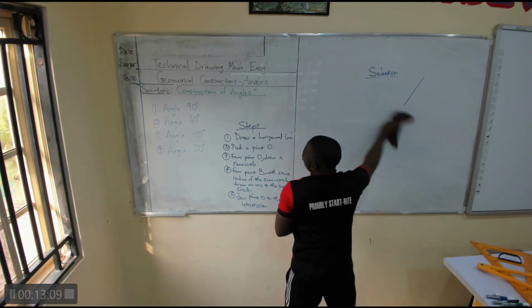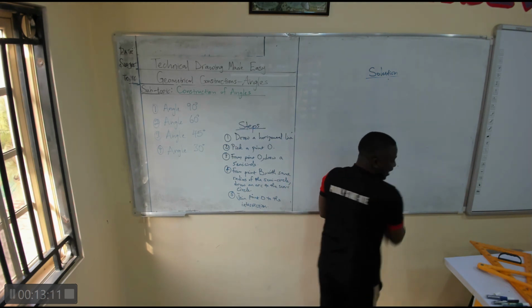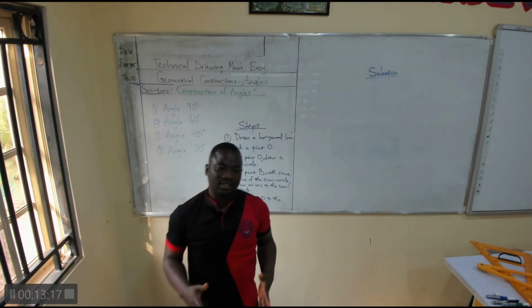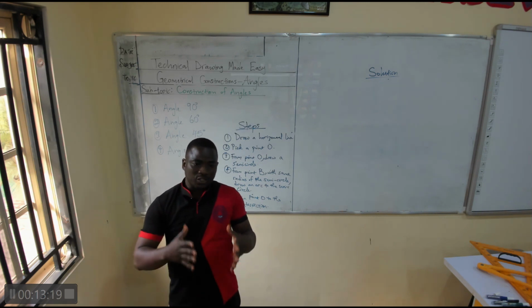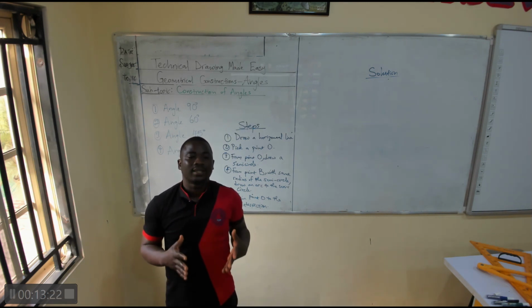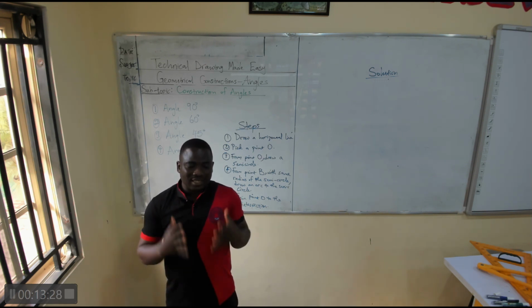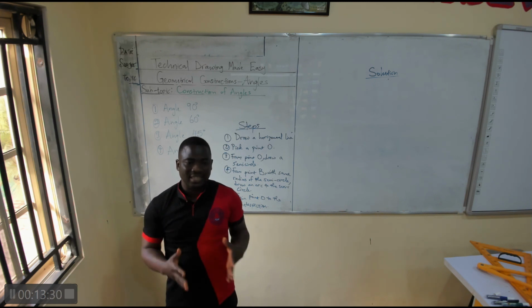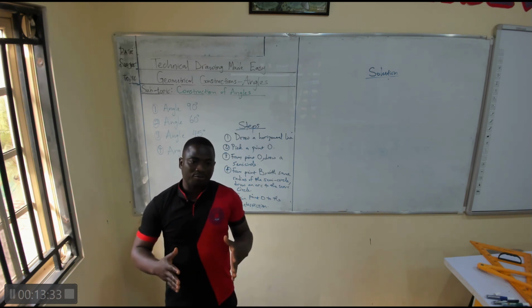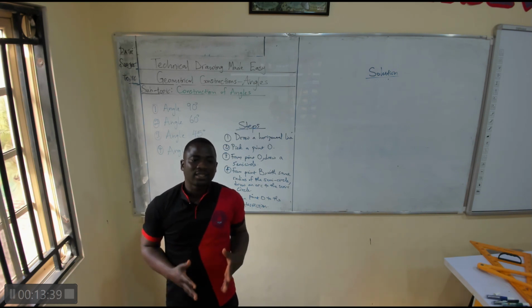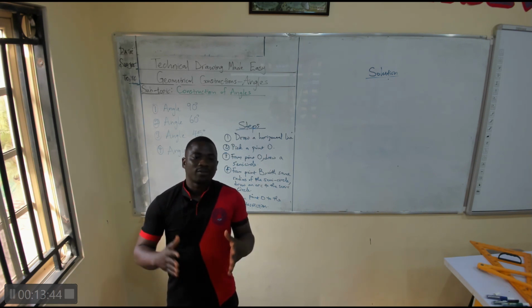So let's go to example 3, which is asking us to construct angle 45. To construct 45 is to bisect 90. Remember when we started, I explained that we used angle on a straight line, which is 180, angle in a semicircle, which is 180. We bisected the angle to get 90 degrees. Bisection is the division of either a line or an angle.